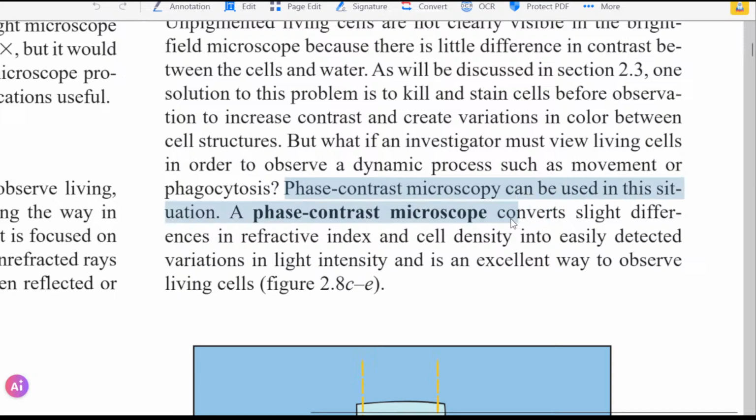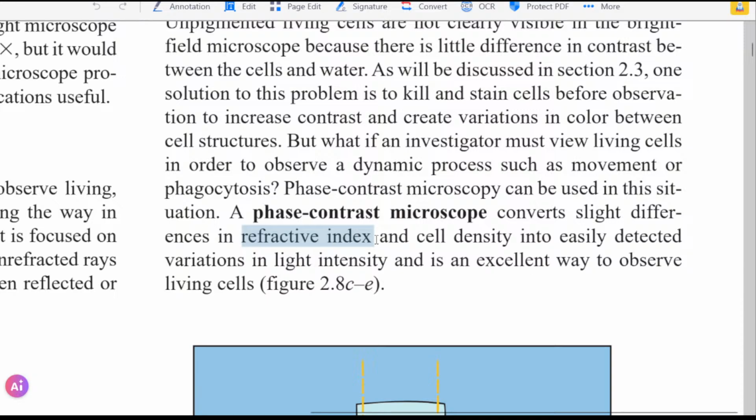A phase contrast microscope converts slight differences in the refractive index and the cell density into easily detectable variations in light intensity and is an excellent way to observe living cells. So the phase contrast microscope converts the slight differences in the refractive index. Of course, there are differences in the refractive index, and I think they are talking about the refractive index of the lens or the medium in which it is present.